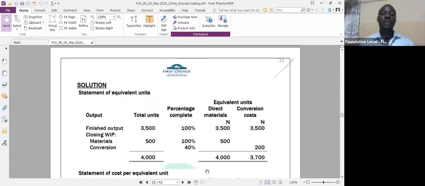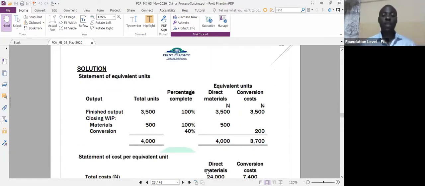Let's go. The first one, stage 1, is the statement of equivalent units. How many incomplete materials will make up one complete material? How many incomplete labor, or conversion, will make up 1 unit of labor? So let's look at it now. Output, we have finished outputs.